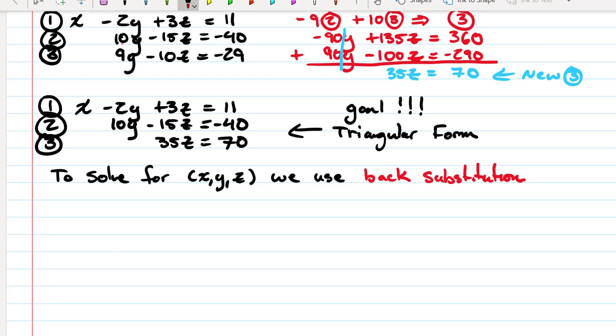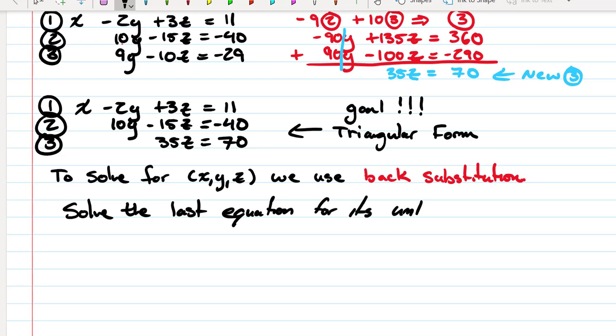So what we do is we solve the last equation for its unknown.